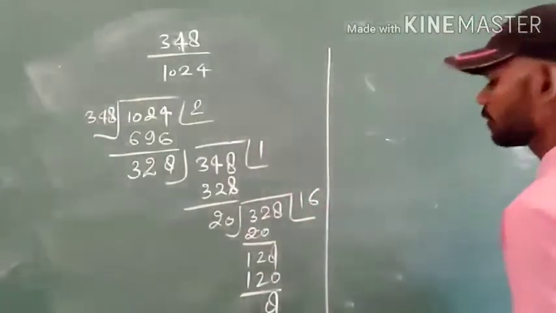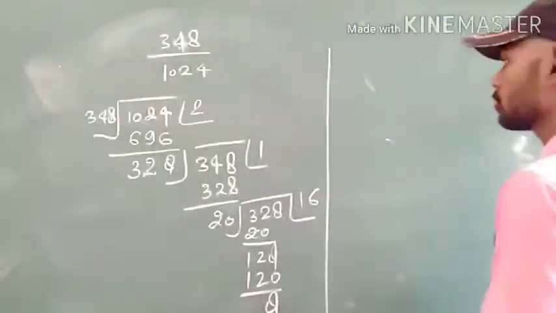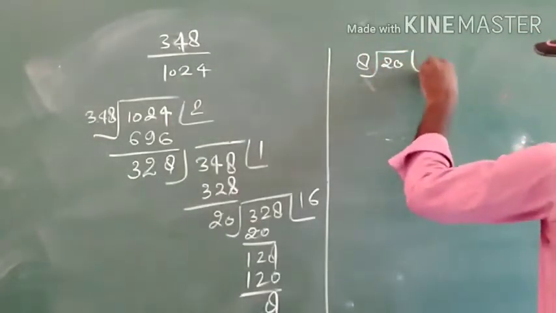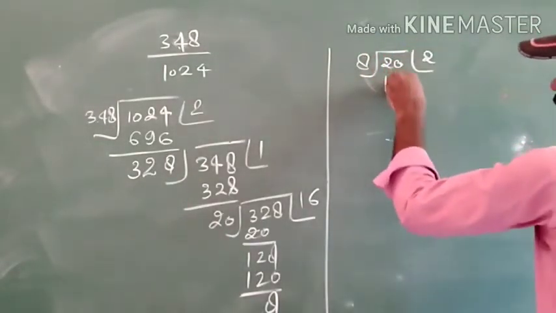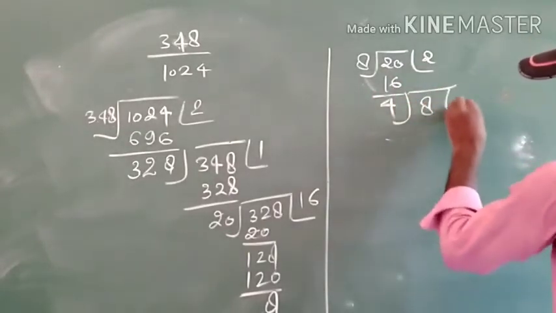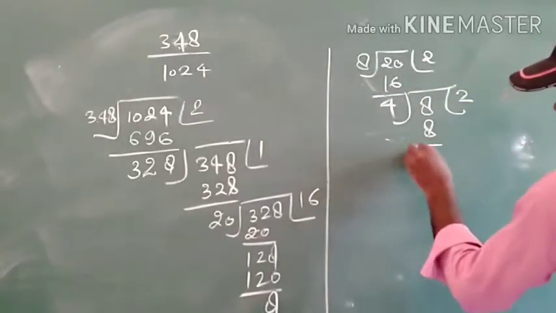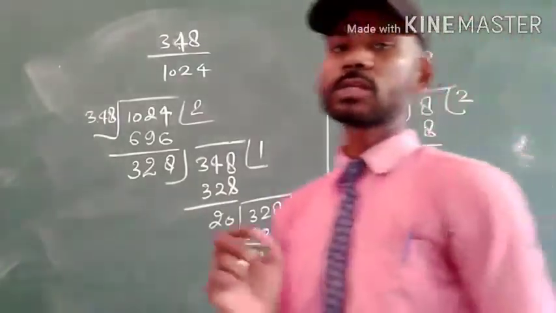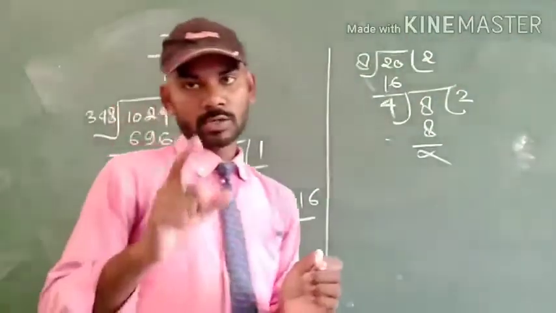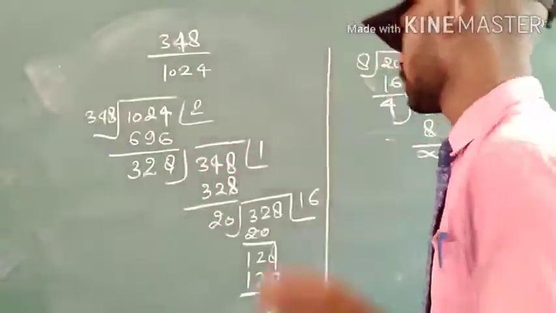Now proceed until we get the remainder as 0, so 8 will divide 20, and 8 2s are 16, we get 4, so 4 will divide 8, and 4 2s are 8. So here we can see that 4 is the number which makes the remainder 0, which means that 4 is the HCF.